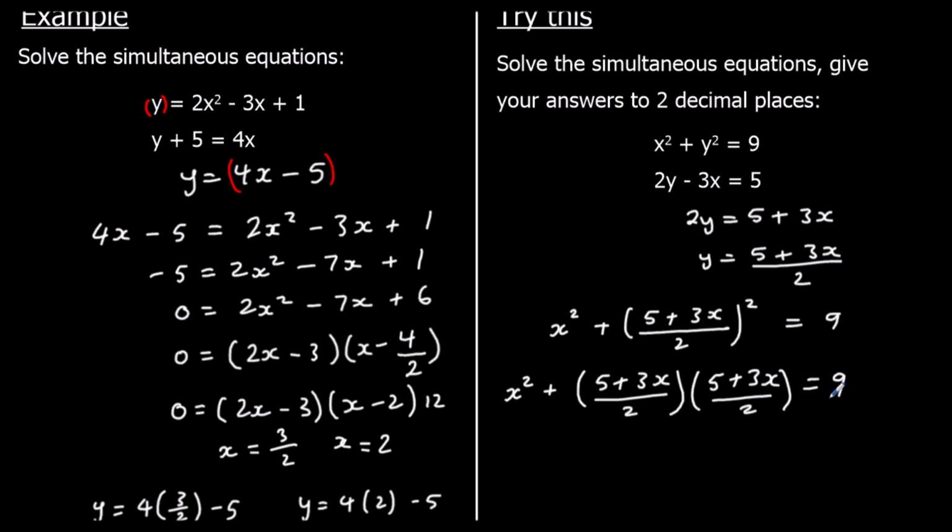Let's expand the brackets, and we can treat this like fractions. So we can times the top and times the bottom. So the bottom is 2 times 2, which is 4. And then we'll expand the top like double brackets. So 5 5s are 25. 5 times 3x is 15x. 3x times 5 is 15x. And 3x times 3x is 9x squared.